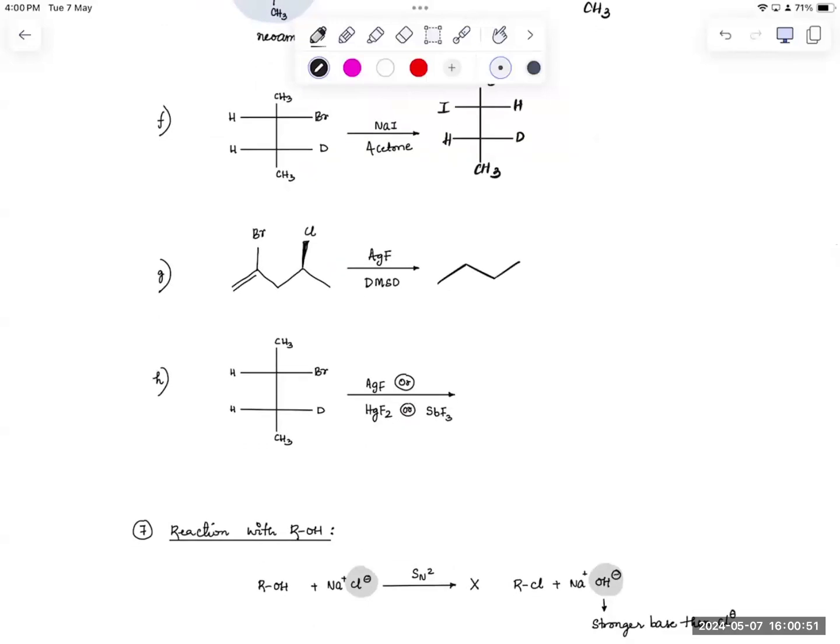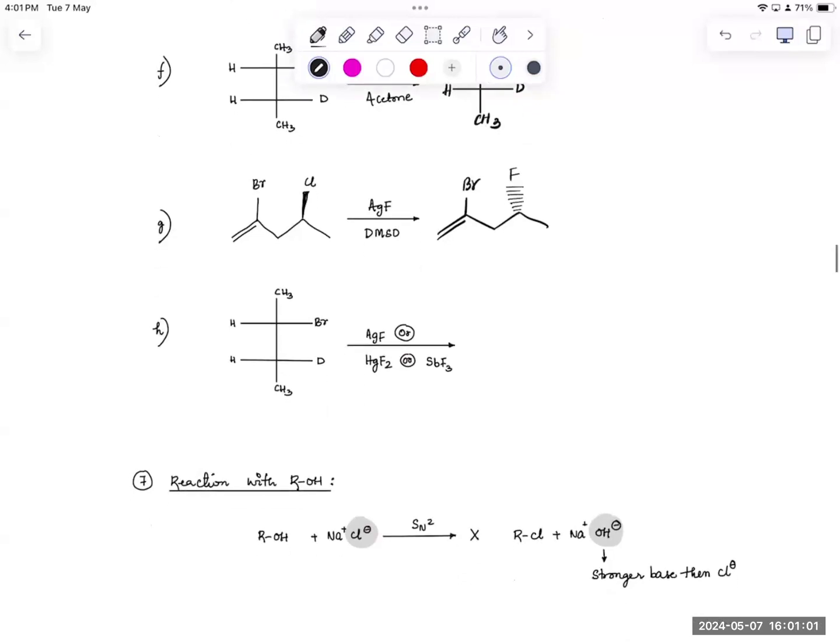Similarly, bromine is at a vinylic position, so nothing will happen to that, but fluorine will come here on the back side. Now here, bromine will be attacked, so fluorine will come on the opposite side. So this is the product we will have.